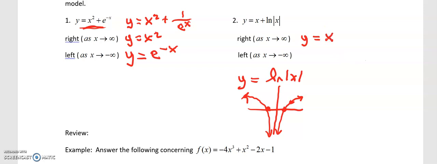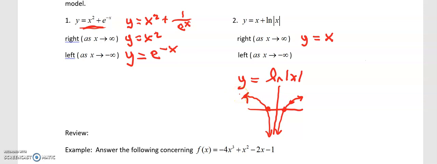All right, so what happens when I start plugging in negative values? Well, large negative values for y equals x become negative infinity. When I plug in large negative values into the natural log of x, it's on this side, but notice how these also flatten out. Now it doesn't become perfectly horizontal here, but it goes up very slowly and increases slowly.